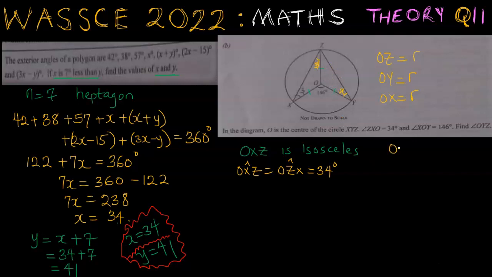Looking at the triangle on the right here, OZY, we would also see that the triangle is an isosceles triangle. So I'm going to write triangle OYZ is also isosceles because, of course, two of its sides are equal. And as I mentioned in triangle OXZ, the base angles would also be equal. Now, how do we identify the base angles? As usual, this is the angle that's included between the two equal sides.